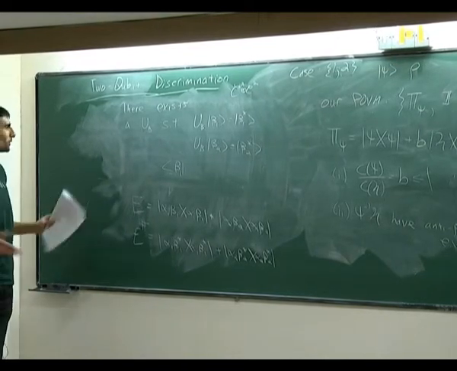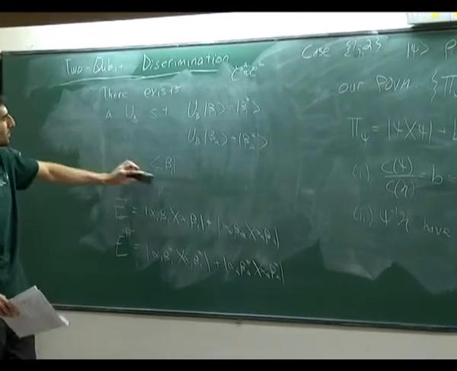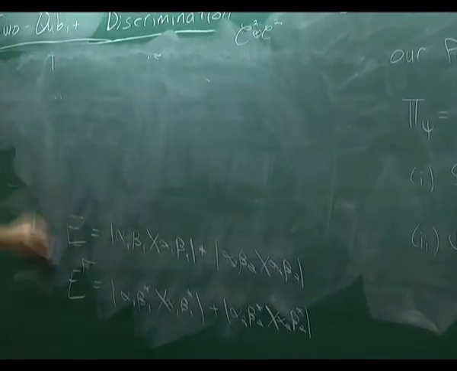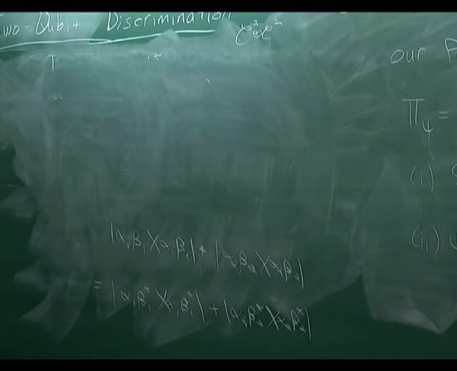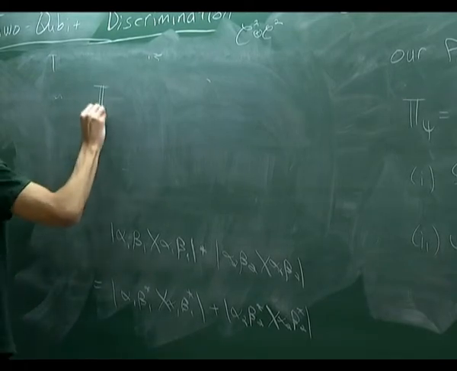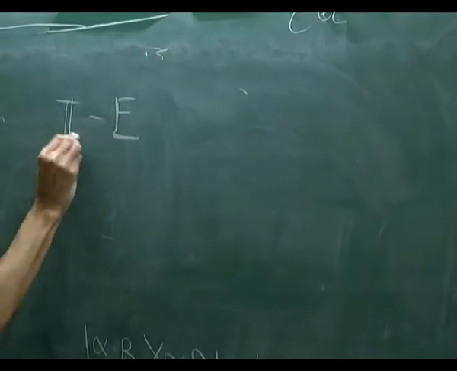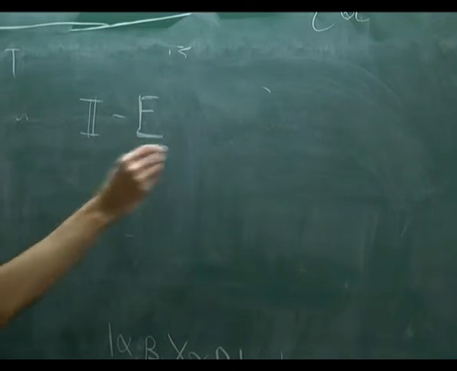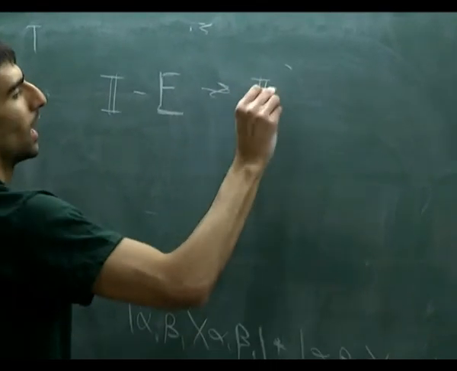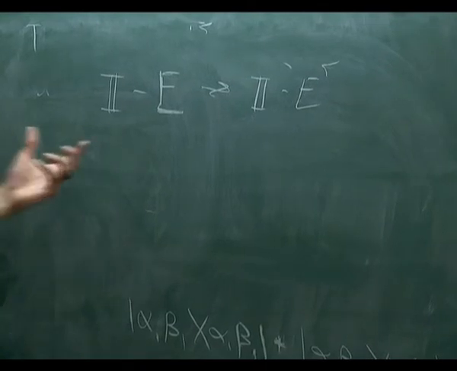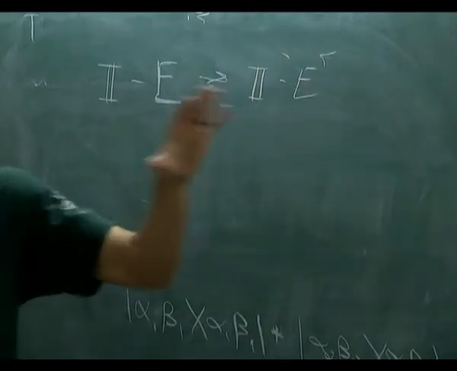So then we all agree that there exists some unitary, and what that means is that in this situation, if we perform the partial transpose on I minus E, we get back I minus E partial transpose, but we know that this is related by some overall unitary to E, right?